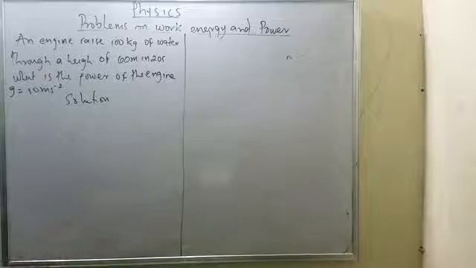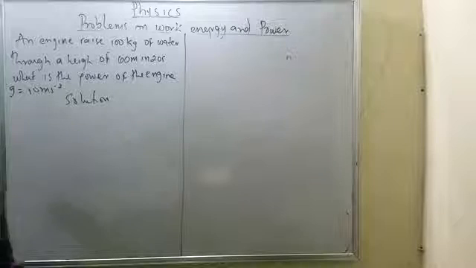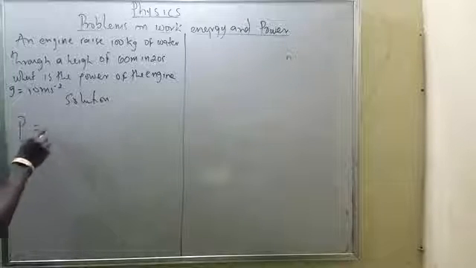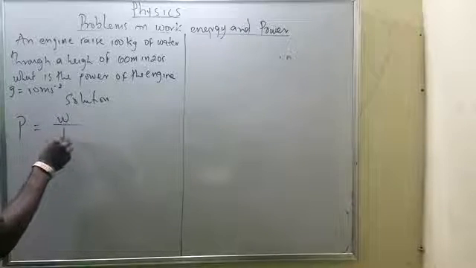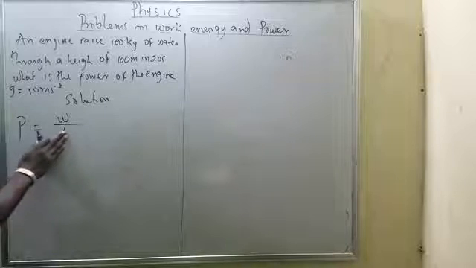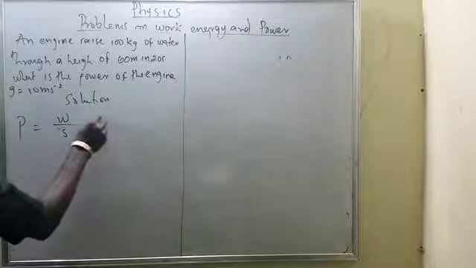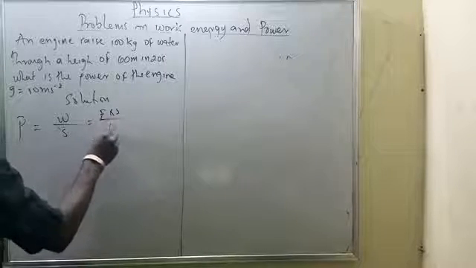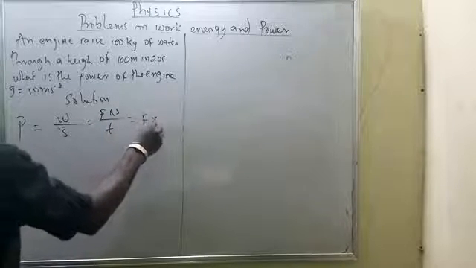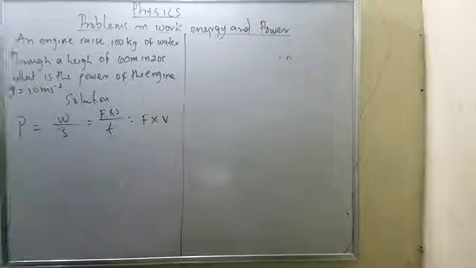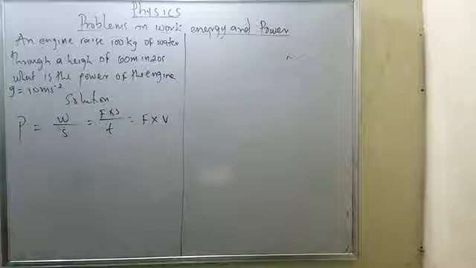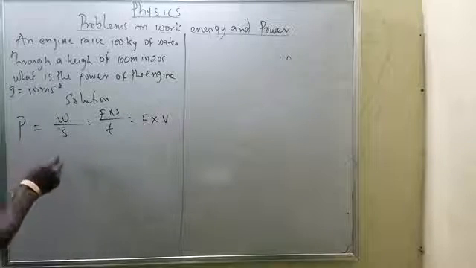Solution to this problem. Now, I have this problem. How will I solve it? The first thing I will do, my power equals to what? Work done all over time. Which also I can say is my force multiplied by distance all over t. Which is also force multiplied by V. Please take note of that.